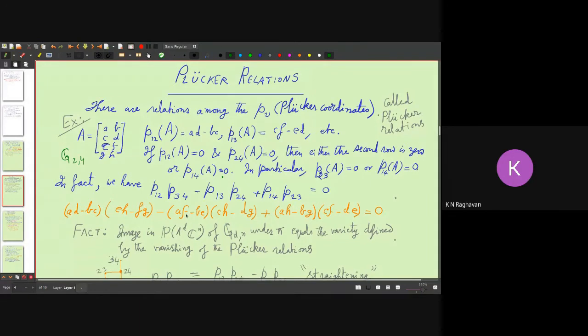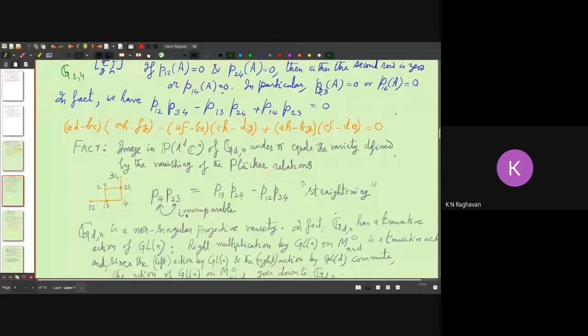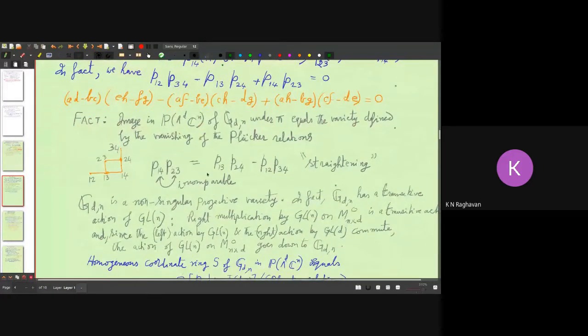These are called the Plucker relations. And here is an important fact that's basic to all that we are doing. The image in the projective space of the Grassmannian under this embedding that we have defined equals the variety defined by the vanishing of the Plucker relations.